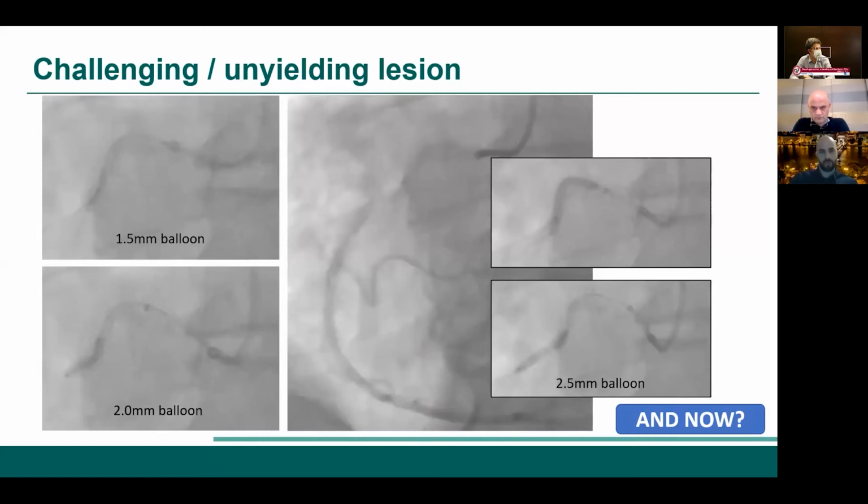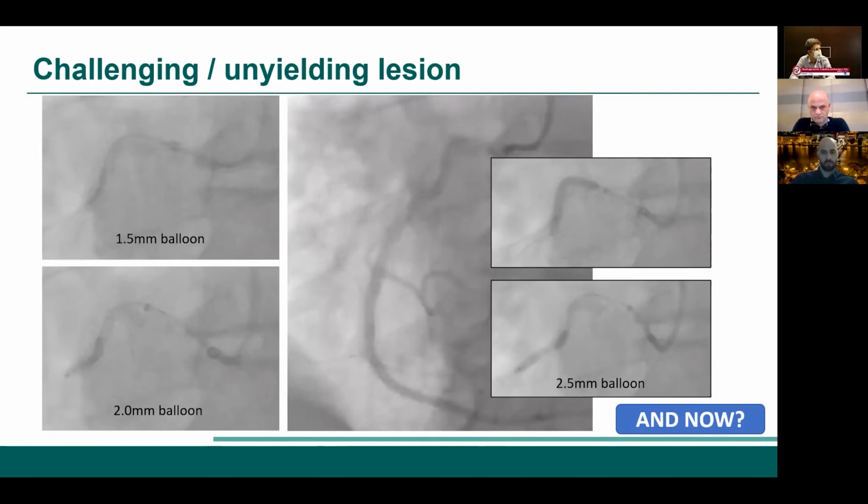Having the guide extension might help you bypass the first tortuosity, and you can always rota through that. Usually when we do that, knowing what the lesion looks like ahead of time, it's always better to use a 6 in a 7, because the rota would cross the 6 French guide extension way better than a 5 French in a 6. So a 6 in a 7 would be much more helpful here, but I think rota is the way to go.